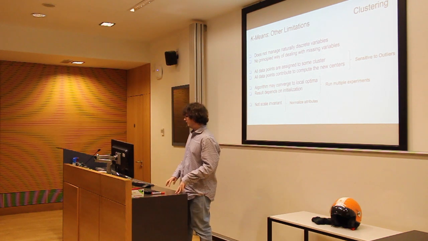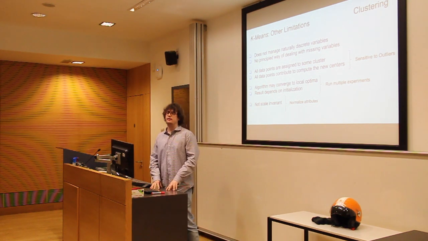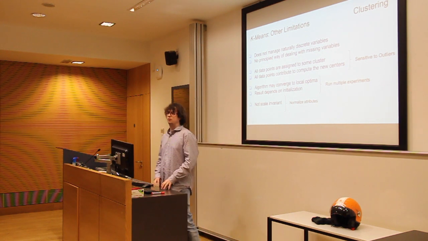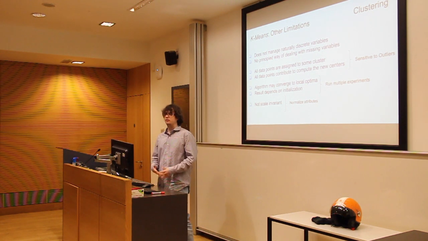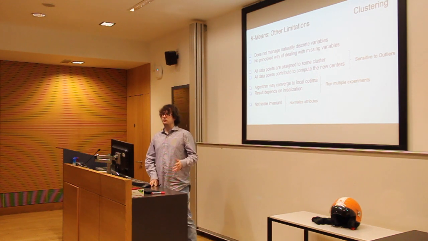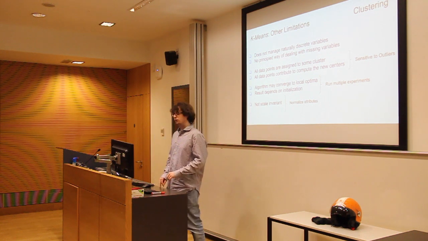And also, a thing you will often find in real-world data is that many of the variables may be missing, just because the data is corrupted, or not available for some reason, maybe the person has not answered, if it's a questionnaire. And in this case, there is no way to deal with missing variables.